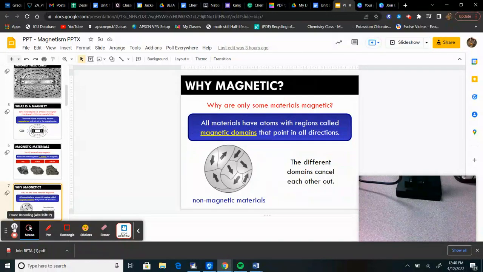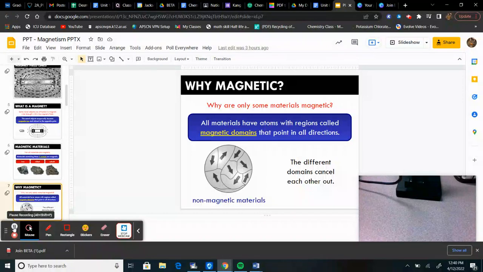So what we have here is a sphere, and for those of y'all trying to follow this along with the lecture, this is actually going into question number 3, looking at your different diagrams of non-magnetic materials. You have what is called magnetic domains. And if all of your magnetic domains are focused in different directions, they're eventually going to cancel each other out.